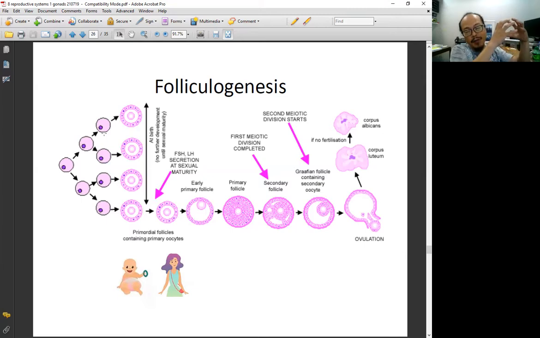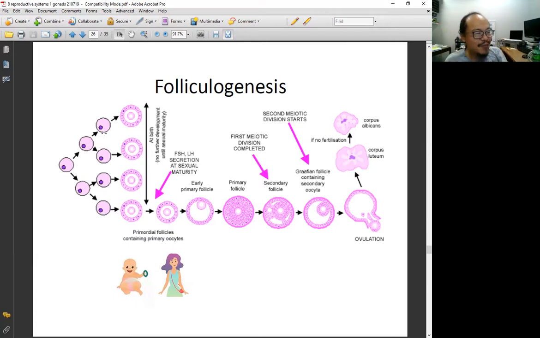When they become a primary oocyte, they also recruit a group of follicle cells to surround them. So each one, even before birth, already gathers its own squad, a group of mates to take care of each of these oocytes. And that's before birth.